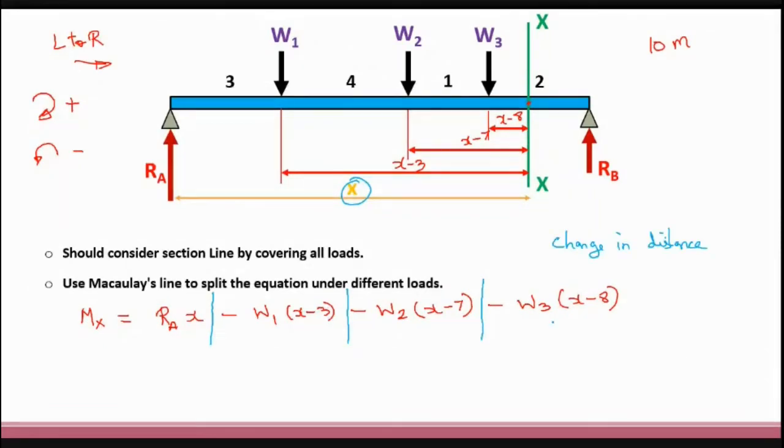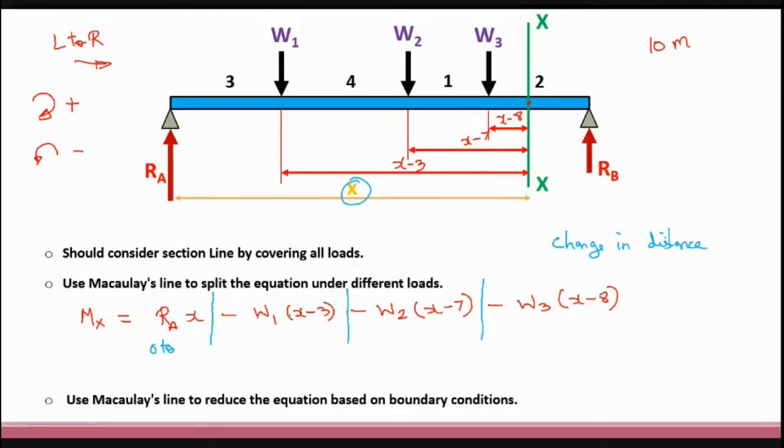We will go for the last rule. Use Macaulay's line to reduce the equation based on the boundary condition. So the reason why I split this is, we call this line a boundary line, which means whenever I consider X, I have to consider my conditions from 0 to, what is this value? 3, right? So after X, you are having 3.